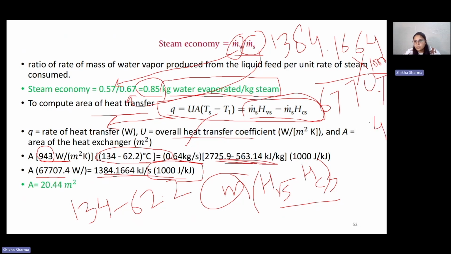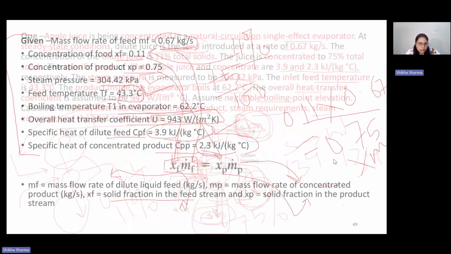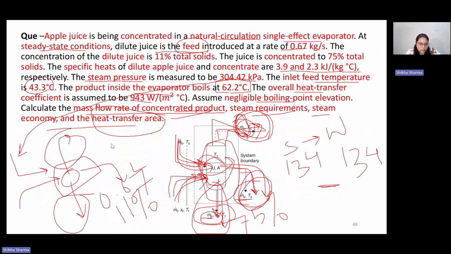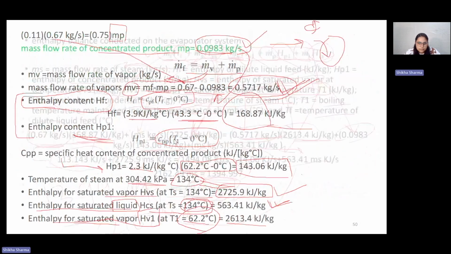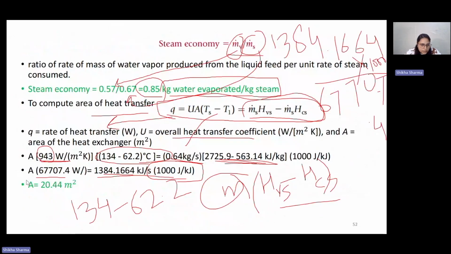So it would be 20.44 meter square. This area would be 20.44 meter square. And here, if we see, this is basically watt per meter square. So I missed the unit here. So this is basically watt per meter square.